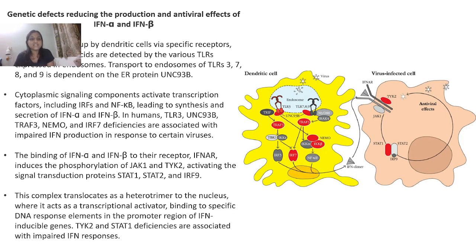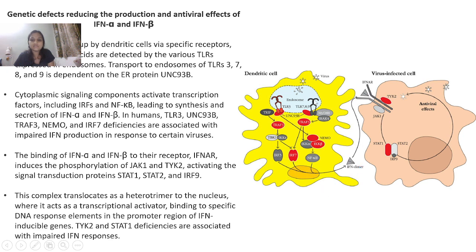There are genetic defects reducing the production and antibody effects of IFN alpha and beta. Here you can see these red proteins, which, when mutated, caused different kinds of genetic defects in people. These viruses are taken up by dendritic cells through specific receptors and are detected by specific TLRs.